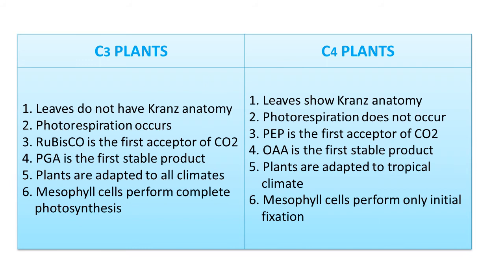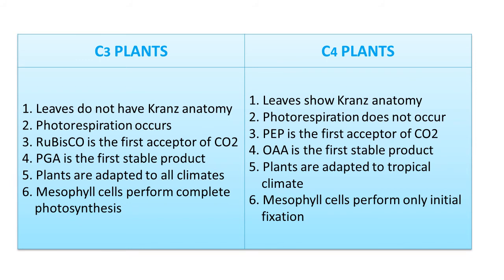Fifth point, in C3 plants, plants are adapted to all climates, but in C4 plants, plants are adapted to tropical climate. In C3 plants, mesophyll cells perform complete photosynthesis, but in C4 plants, mesophyll cells perform only initial fixation of carbon dioxide.